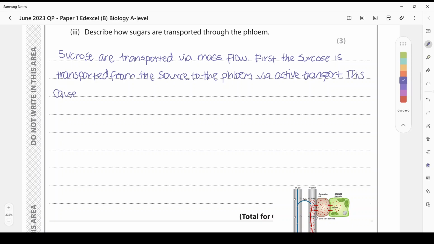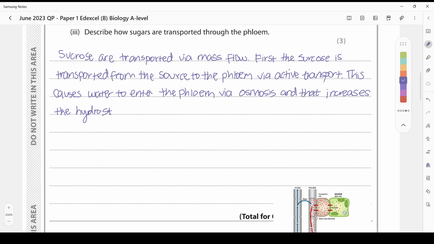This causes water to enter the phloem via osmosis, and that increases the hydrostatic pressure.